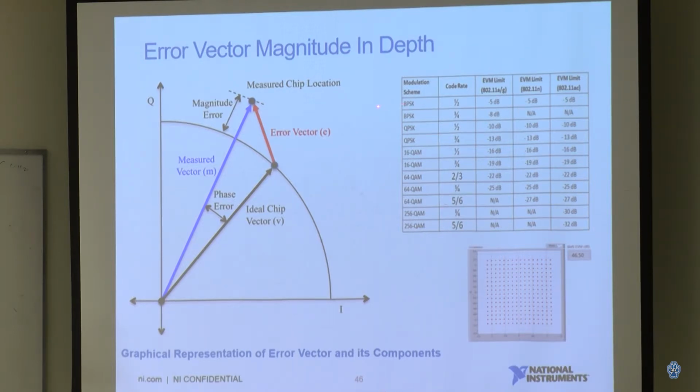Like, for a BPSK signal, you only need the EVM number better than 5 dB. But if you have a 64 QAM signal, your EVM number needs to be better than 25 dB. So the industry tries to follow this minimum requirement to design their devices.